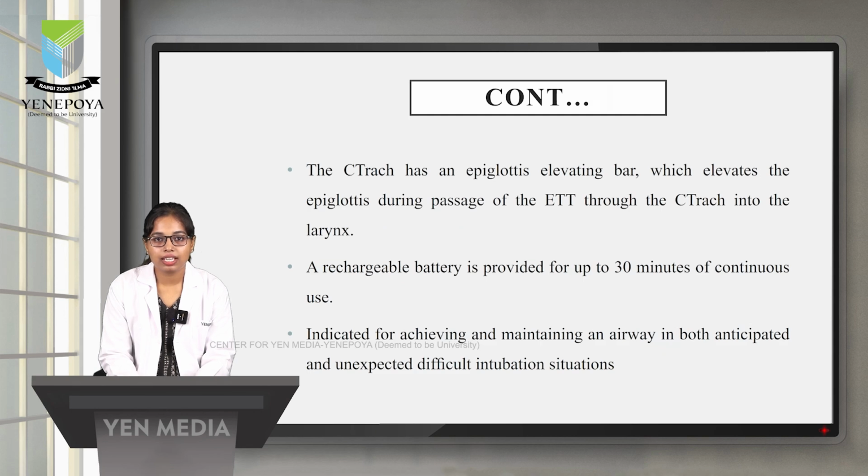The C-Trach has an epiglottis elevating bar which elevates the epiglottis during passage of the endotracheal tube through the C-Trach into the larynx. A rechargeable battery is provided for up to 30 minutes of continuous use, indicated for achieving and maintaining an airway in both anticipated and unexpected difficult intubation.